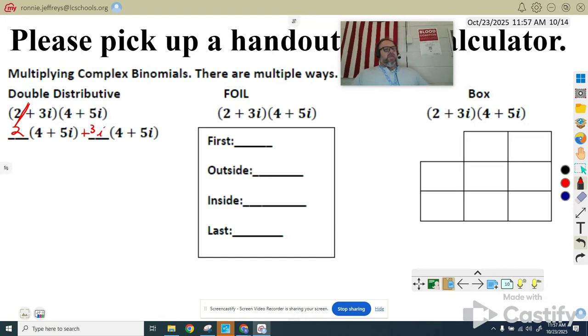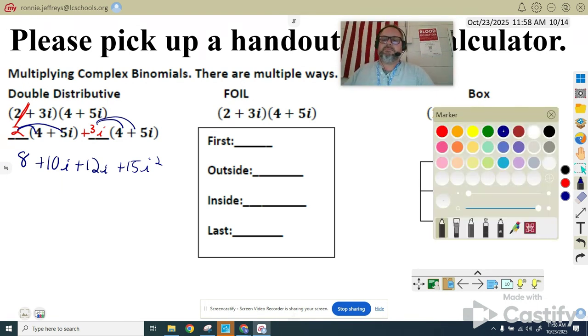Okay, and then you would actually do what it says. You would do this distributive property, which is 8, and this distributive property, which is 10i. And then this distributive property, which is 12i, and then this distributive property, which is 15i squared. And once you do that, you would then combine like terms.